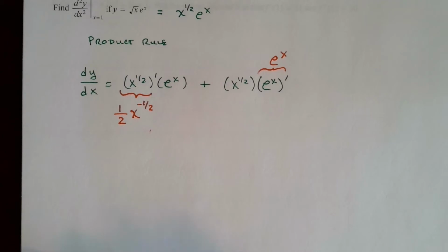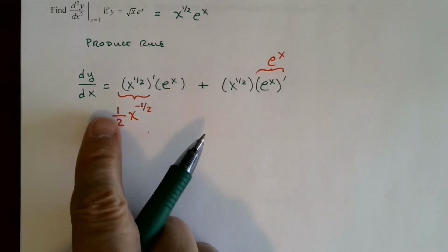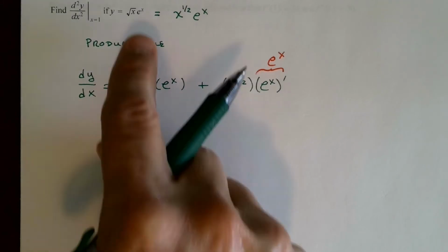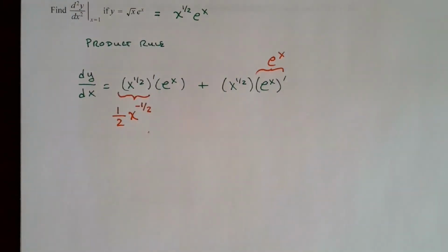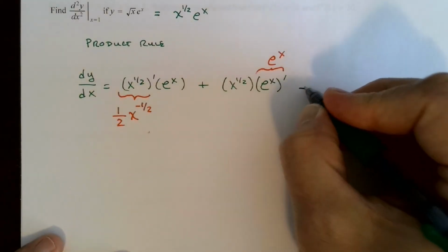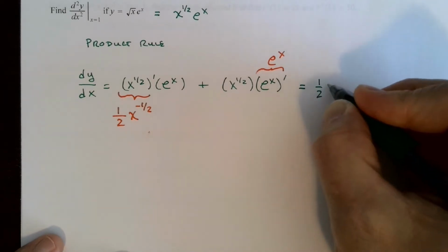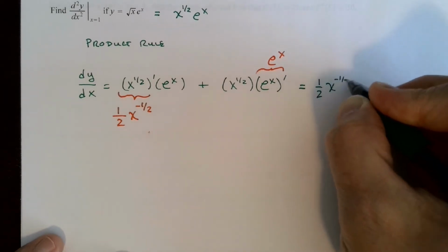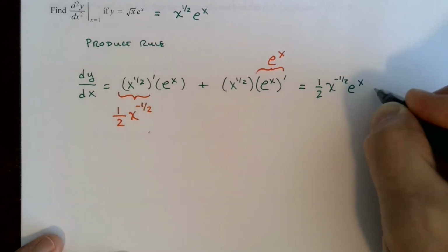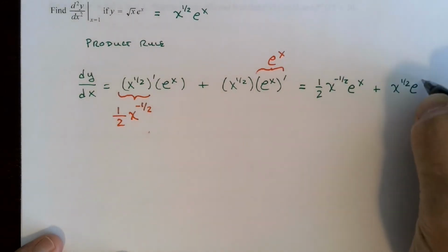If you were wanting to actually give the first derivative right out, you would probably want to rewrite it without the negative exponent, since the original function doesn't have any negative exponents. But what do I have then? This is just equal to 1/2 x to the negative 1/2 e to the x plus x to the 1/2 times e to the x.